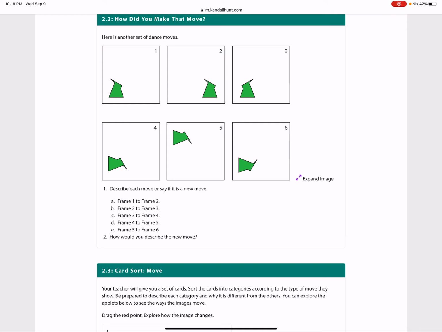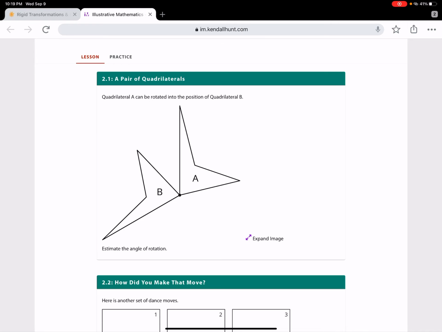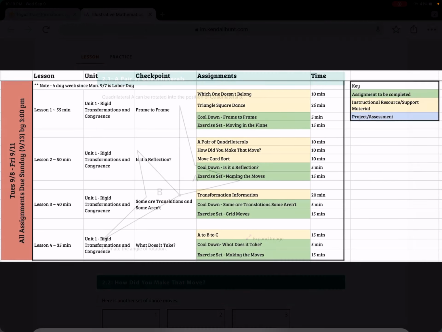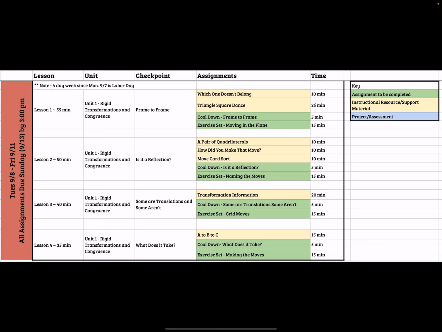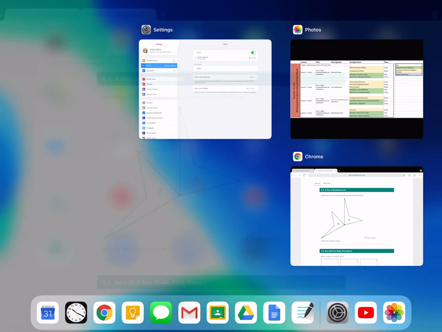So that's the new one that's introduced today, a turn, a spin, a rotation. So that's a pair of quadrilaterals, the first task. The second task, how did you make that move? And the third task, it says, is a move card sort.